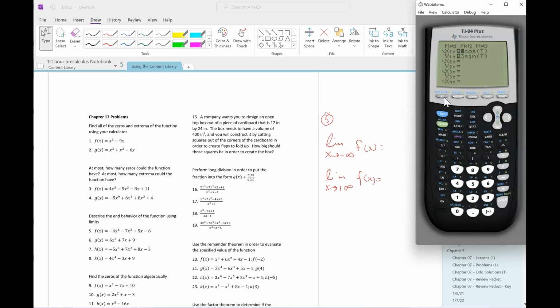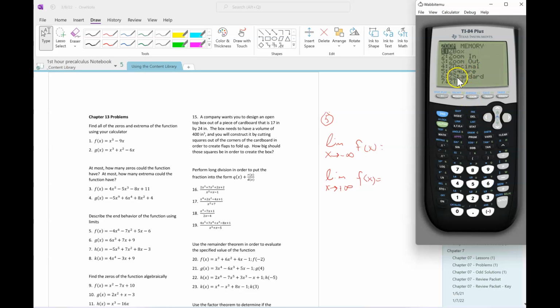So I'm just going to type the equation into my calculator, after I put it back into a different mode. So what do we got here? Negative 4x to the 6th minus 7x squared plus 5x minus 6.